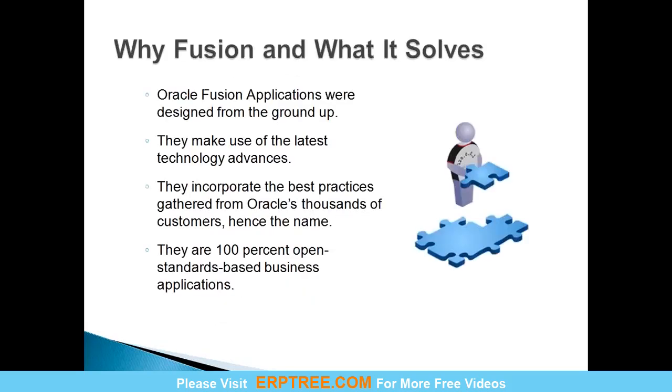So now, why Fusion and what does it solve? Fusion applications were designed from the ground up. As I said, it is not an extension to any existing application. It has been built from scratch, and they make use of the latest technology advances. A lot of technologies are involved.